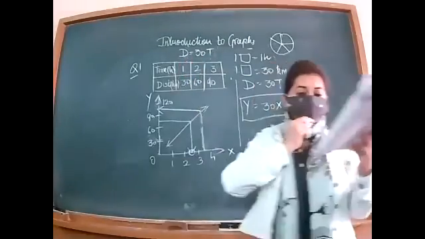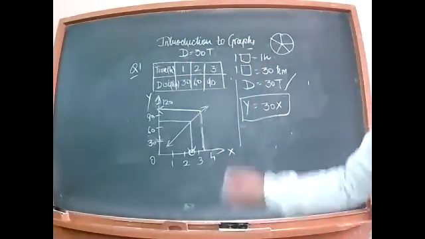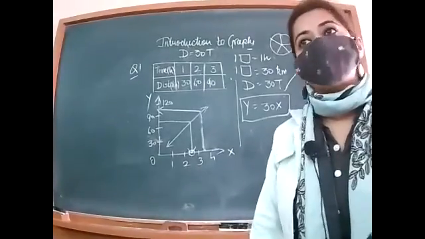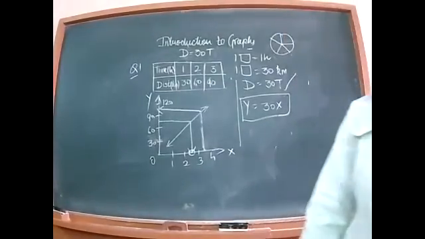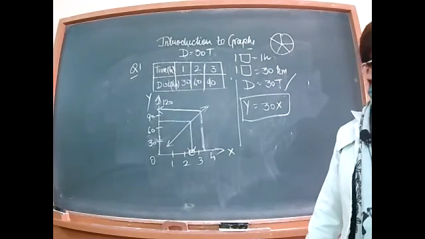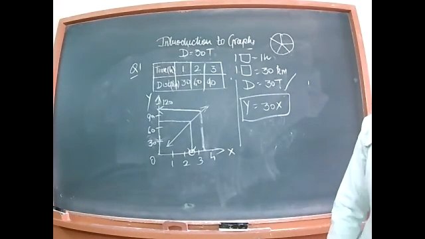And we need both to show the graph. If one is missing, you will not be able to draw the graph. So the combination of these two will help you draw a graph. Actually distance you will take as Y, so Y is dependent and X is independent.